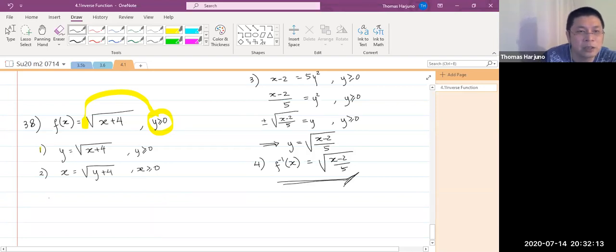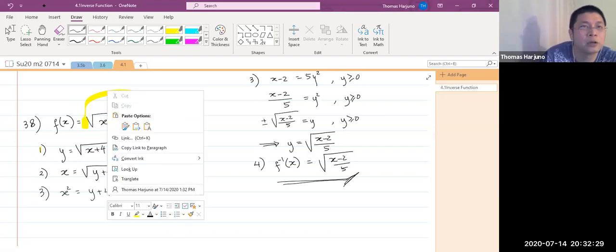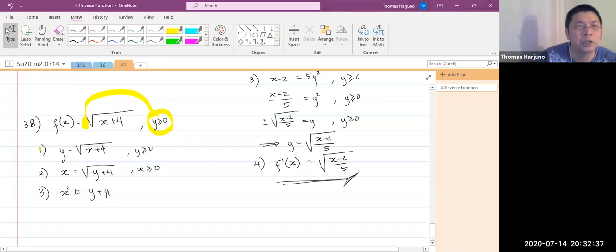Now, notice that here's the thing. When we square both sides, we may have extraneous solutions, right? We learned that from, I think, chapter 1. When you square both sides of an equation, then you may have extraneous solutions. Now, notice that without this restriction here, then my x may be positive, may be negative.